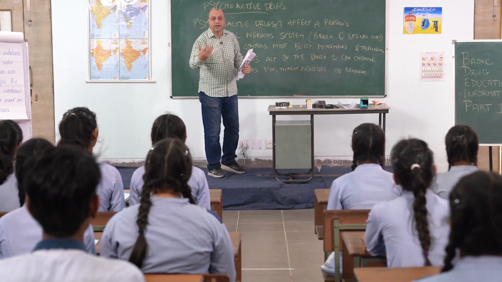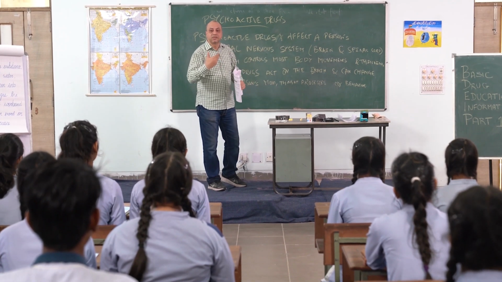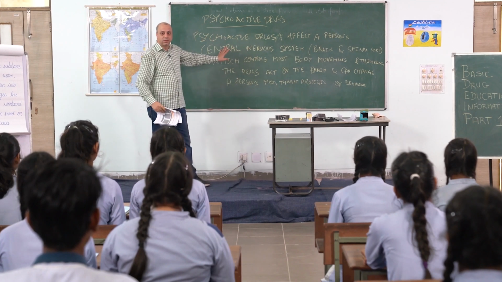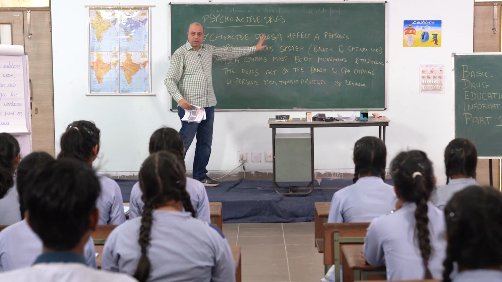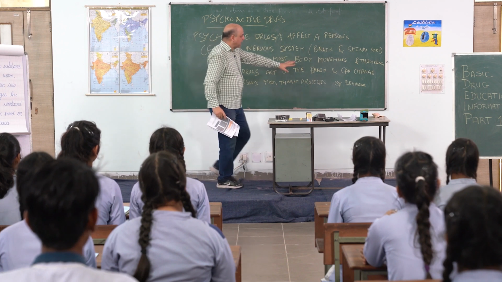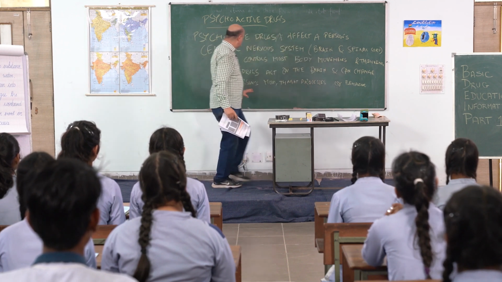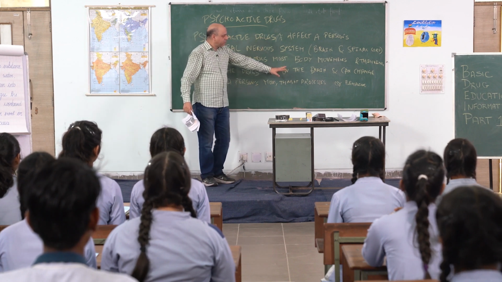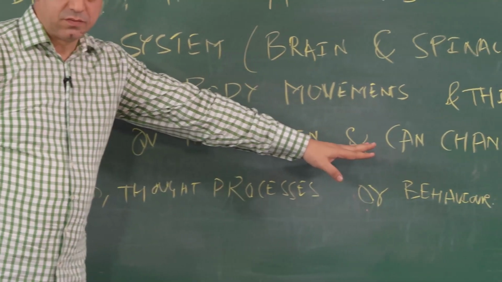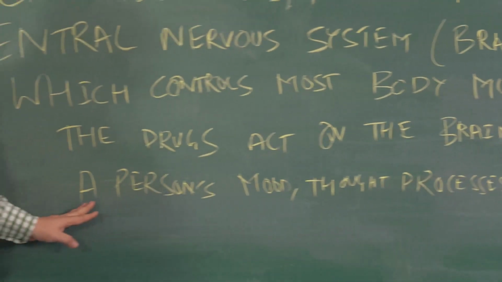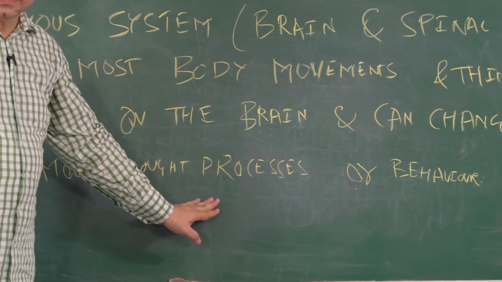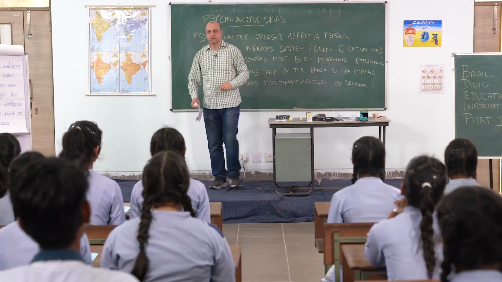Whatever movements we make, even expressions, are controlled by our central nervous system. The drugs act on the brain and can change a person's mood, thought processes, or behavior, our actions.